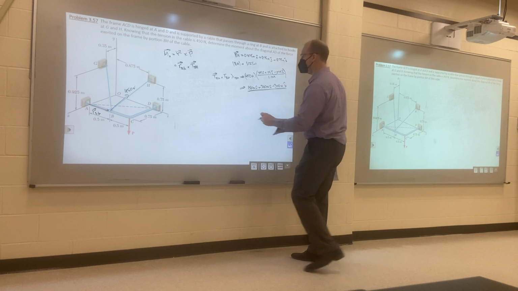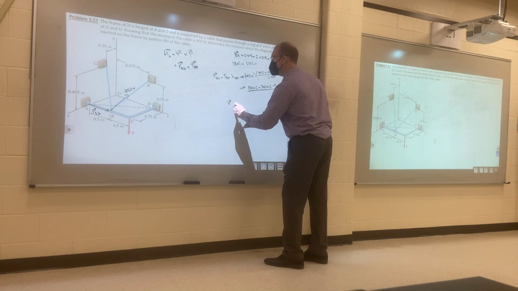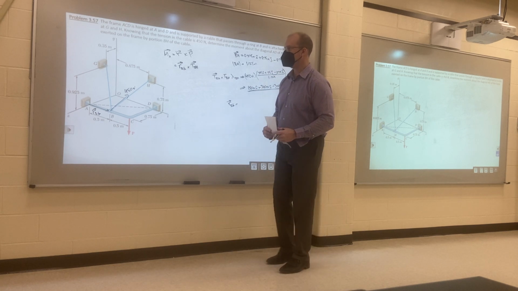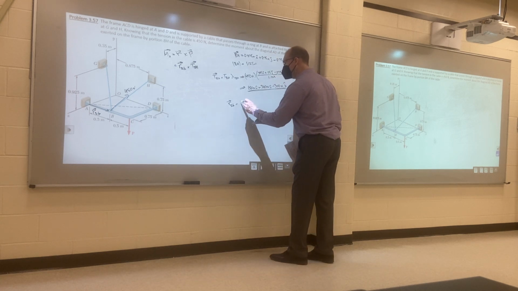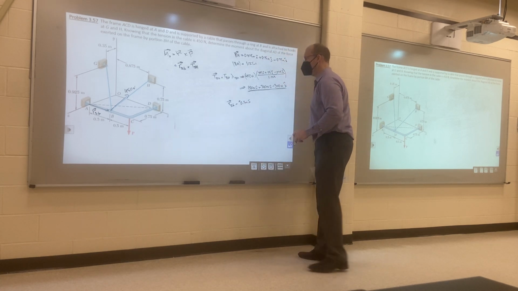Now I find the position vector, R_B, with respect to A. With respect to A, what is the position vector from point A to the force? That's all it is. Positive 0.5 meters up. Great.